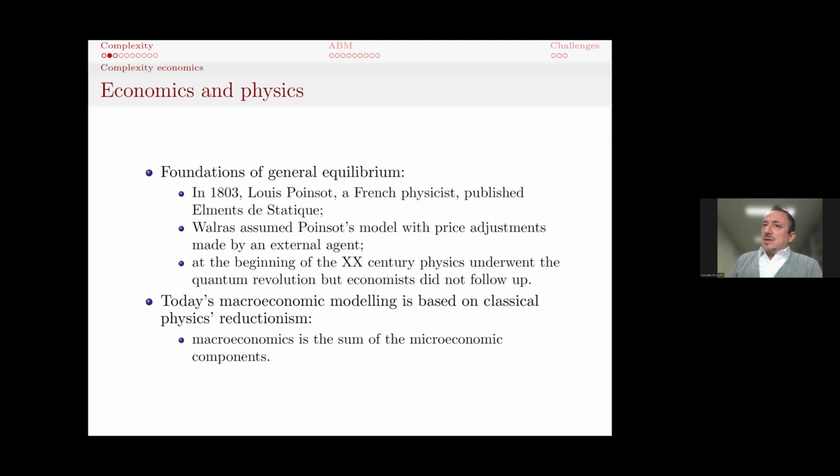So the approach that was introduced by Walras first was basically modeled on what was at the time statistical physics, which was based on a reductionist approach, the classical Newtonian physics. The classical Newtonian physics was abandoned in the 20th century, while economics, in particular macro, and I will mostly talk about macroeconomics, has retained this sort of reductionist approach.